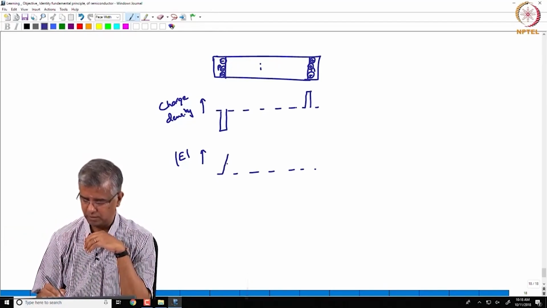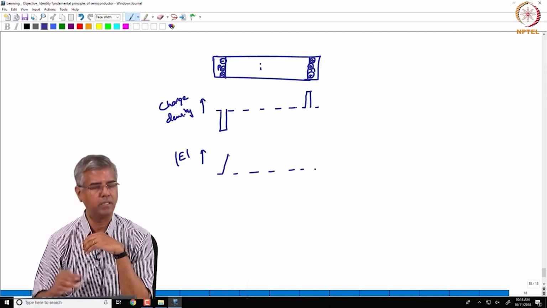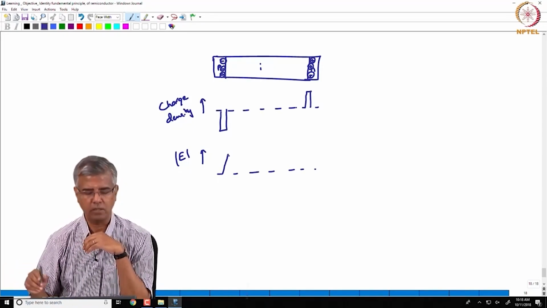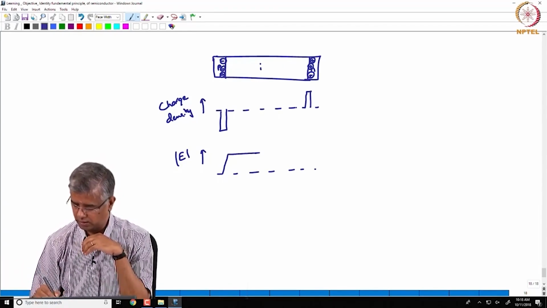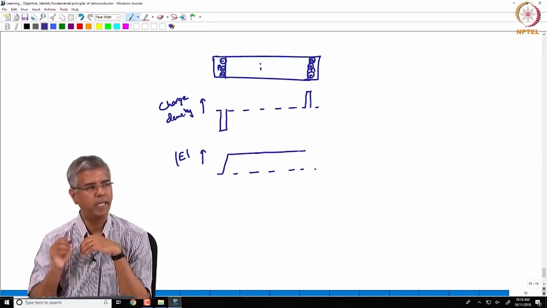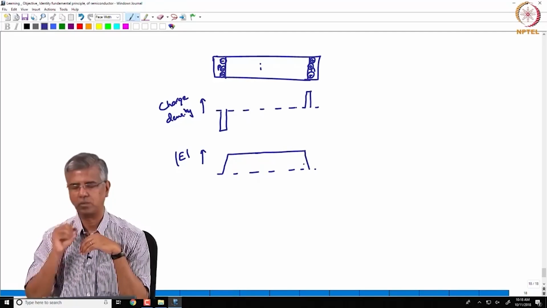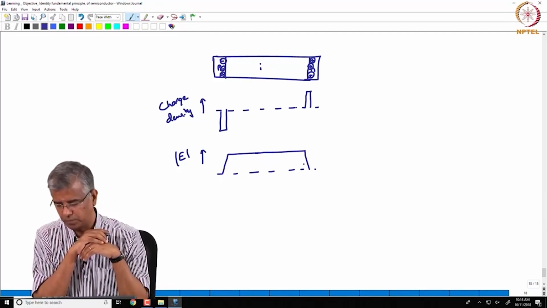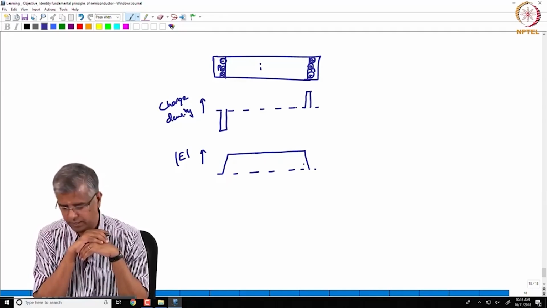You can find it by applying Gauss's law across this entire structure. The magnitude of the electric field is going to increase like this, and then in the intrinsic region there is no potential drop, there is no work done. So you essentially maintain that electric field, and then it comes down when it goes through this end region.